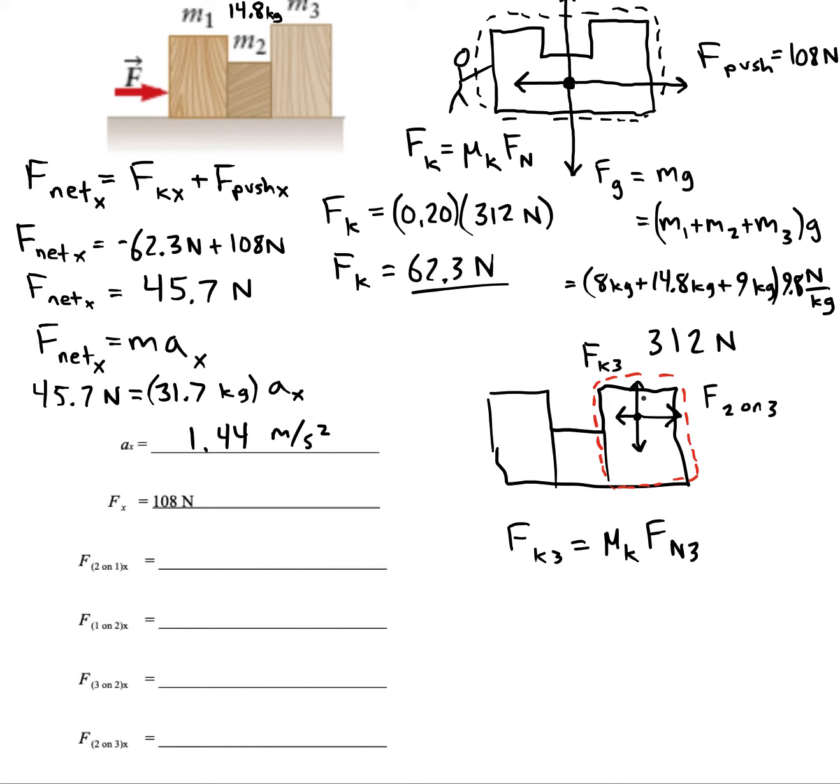Alright, so this would be the normal force. This is the weight of it. So we better calculate the weight of it. So we're basically going to need 0.2, and then we can do M3, which is 9 kilograms, times g.